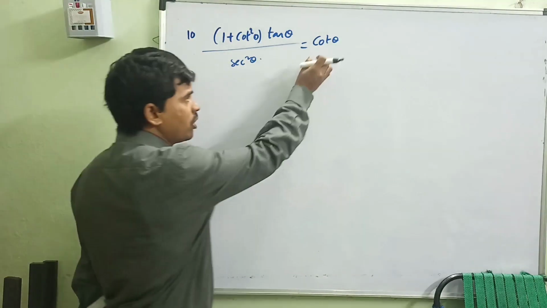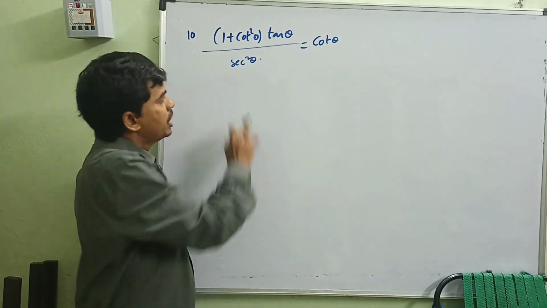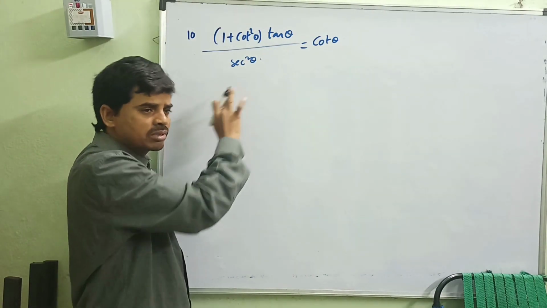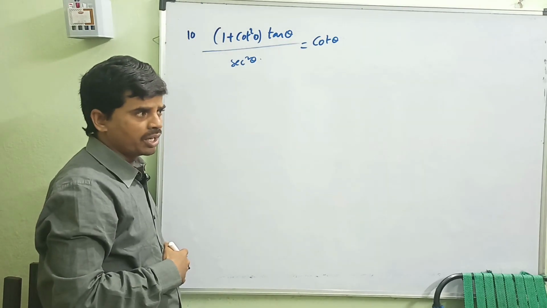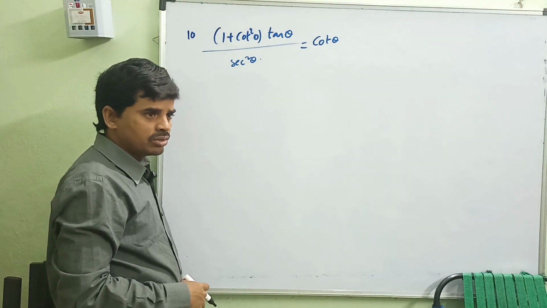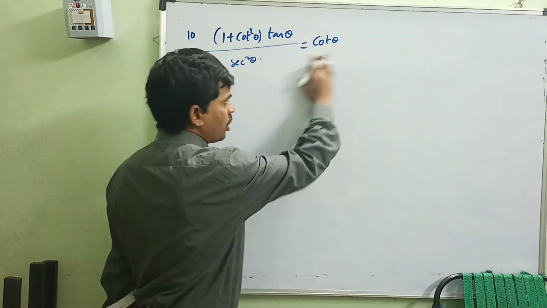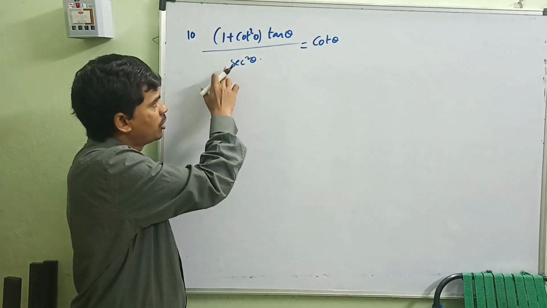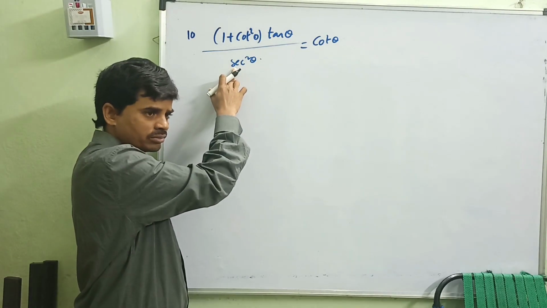These are the possible changes. But we need only cot. If we change the secant square to 1 plus tan square theta, that becomes the difficult one, and again we have to get to cot theta. There is no denominator here; in the denominator we have secant square.